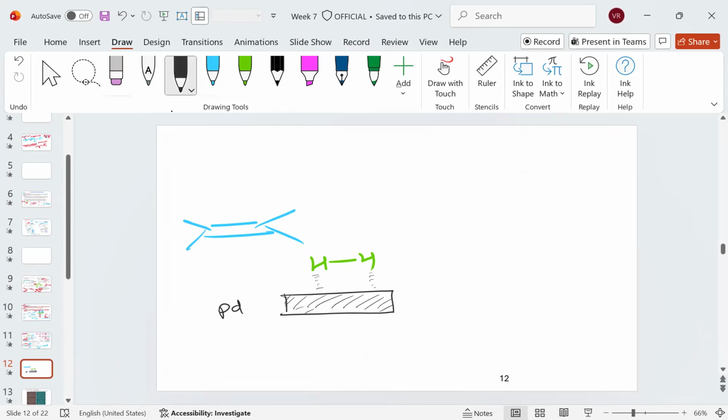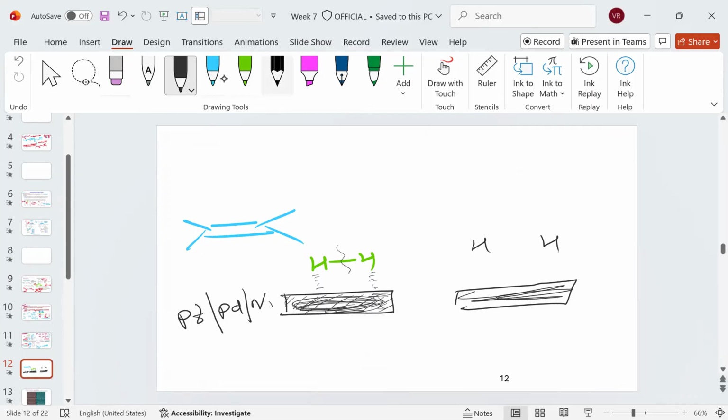So platinum or palladium or nickel, this is the metal complex, right? So this hydrogen gets absorbed on this metal, and then further on the same metal the bond breaking takes place. So now these hydrogens are attached on this metal complex by such bonds.